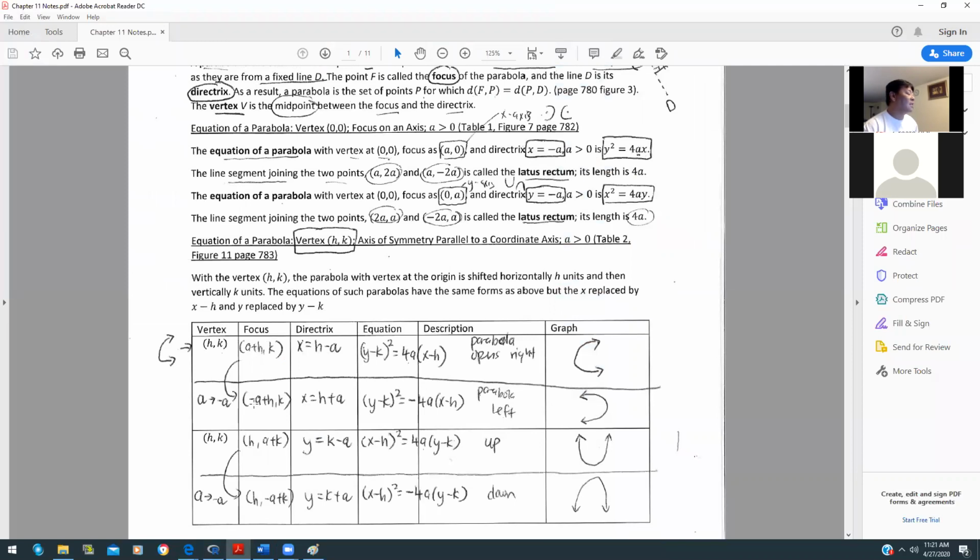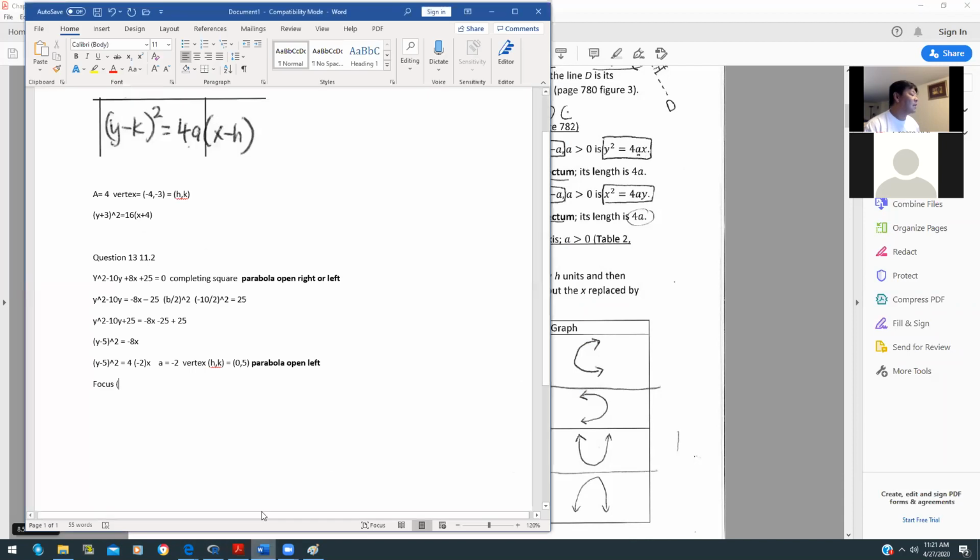Your focus point is negative a plus h, comma k. Or sometimes I can write this as h minus a if you want to.